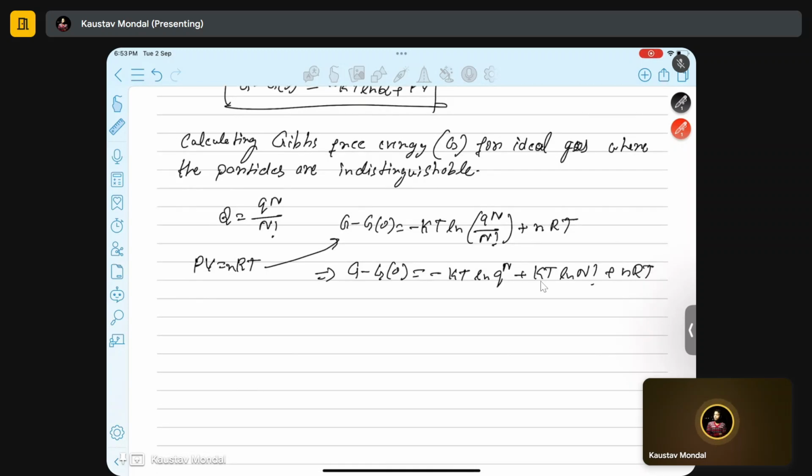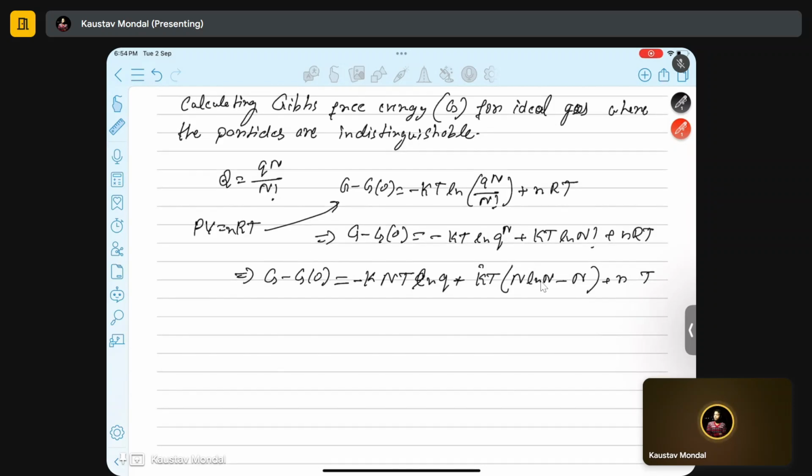Now here we have to use the Stirling approximation, for very large values of N. So KT will now become NKT, ln q plus, so ln N factorial will become N ln N minus N, plus nRT.